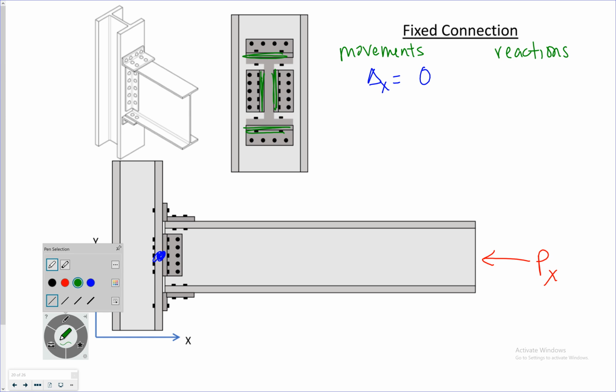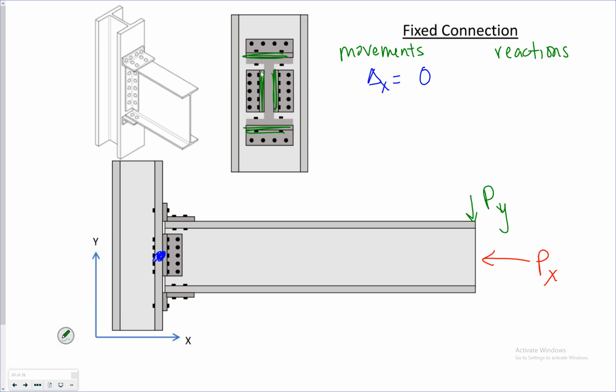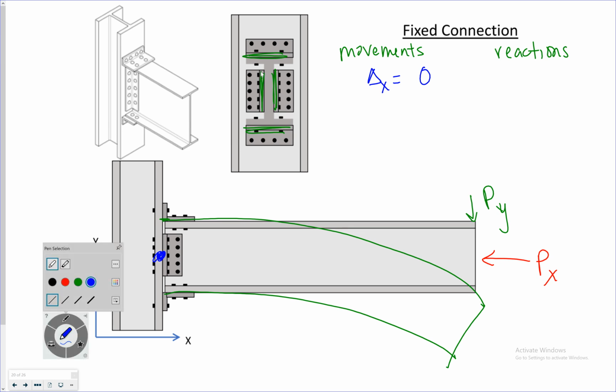If I apply a vertical load out there, what happens? Well, these bolts to my flange are preventing rotation. So there is no displacement in the Y direction, and there's also no rotation, specifically at the support.